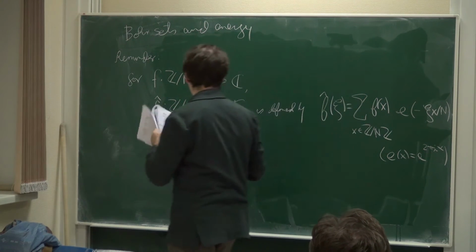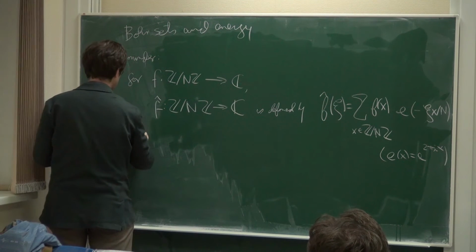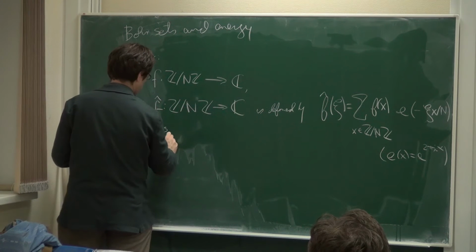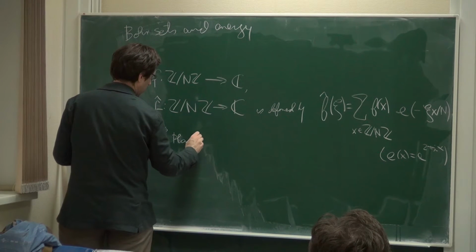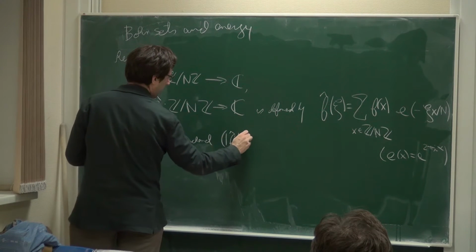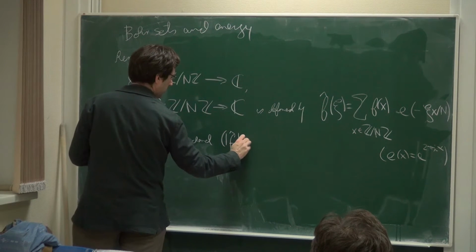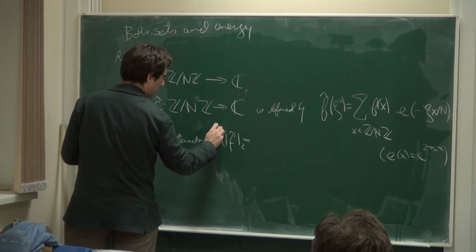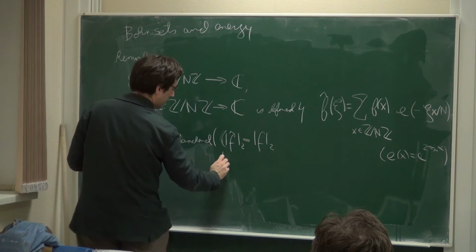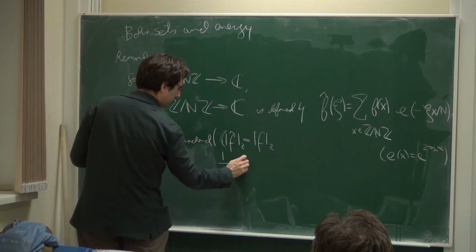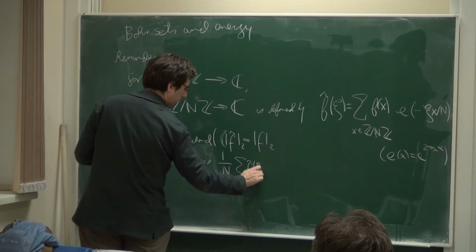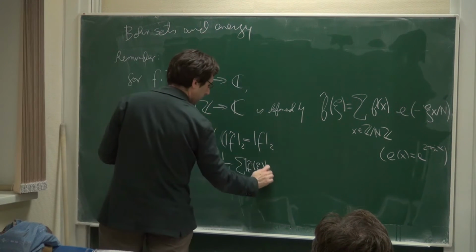So it satisfies the usual rules. Plancherel, or Parseval, however you want to call it. So this has to be renormalized. Well, it's true as stated. Just let me make clear what is meant by this. So we need a factor of 1 over n here, you see?